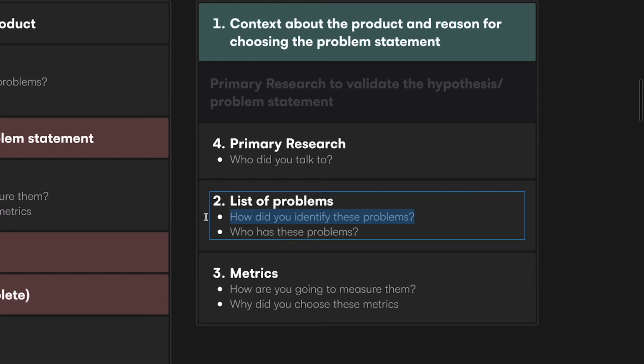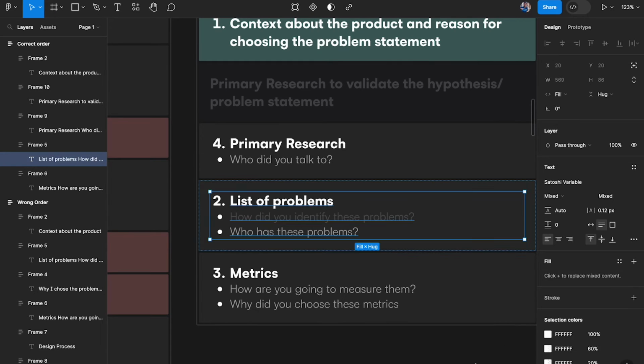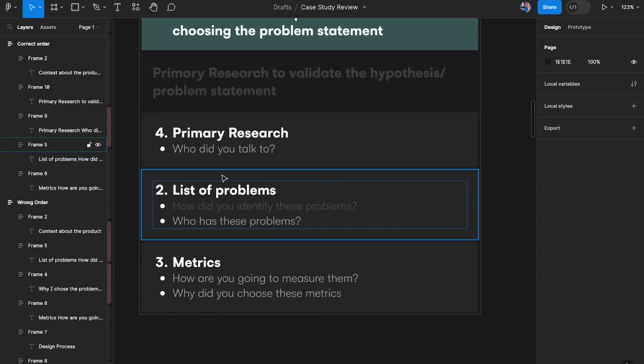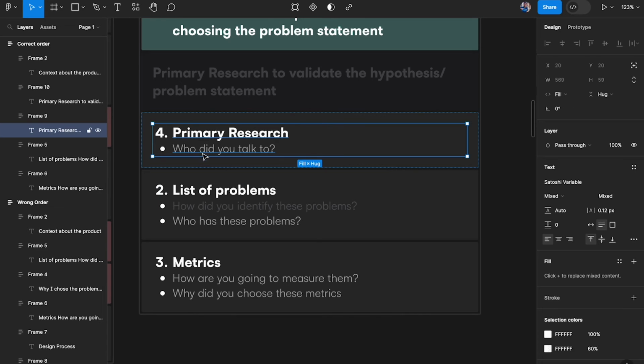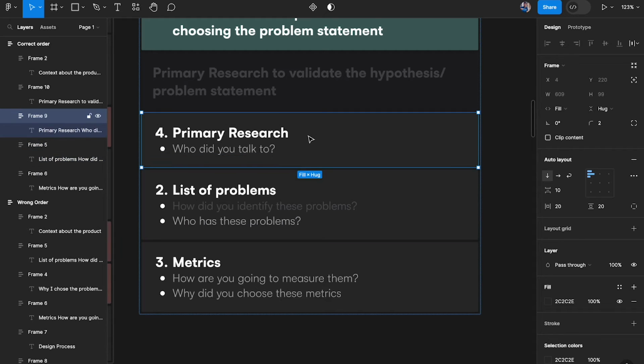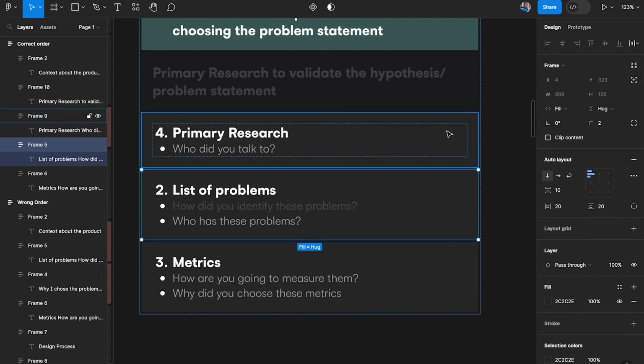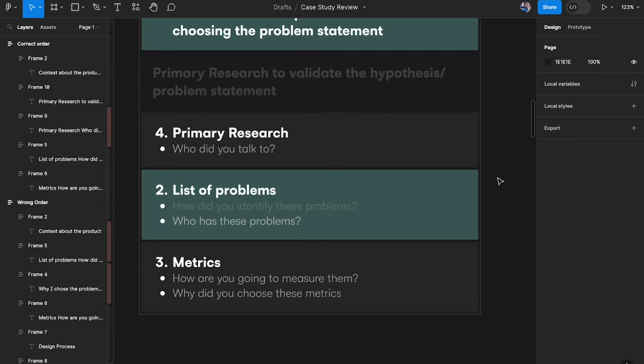So now when I look at this, I can reduce the opacity of this to, let's say, 20%, because this has been solved. But I still have a question. Who did you talk to? Who has these problems? Now, after research, making a list of problems, this is fine. This is in the correct step. I'm going to copy this color and paste that over here.